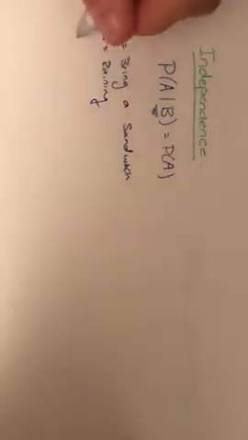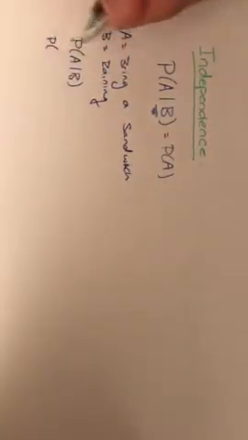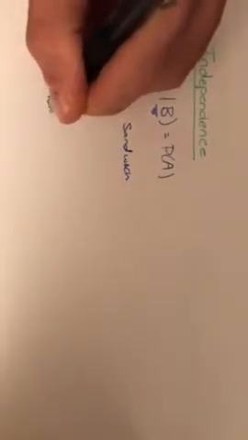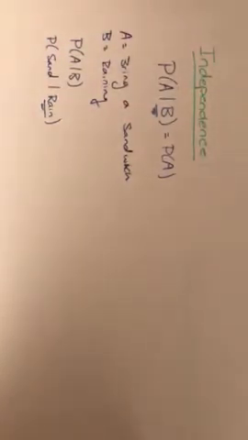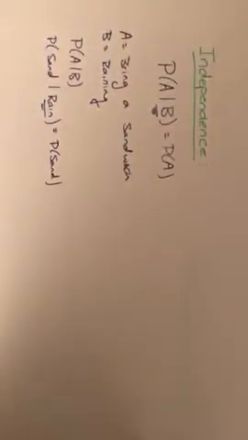So in this case, the probability of A given B is talking about the probability of bringing a sandwich given that it was raining. So the fact that it was raining should have no impact on whether I bring a sandwich in or not for lunch. So it should still be the same as the probability of just bringing a sandwich in for lunch.